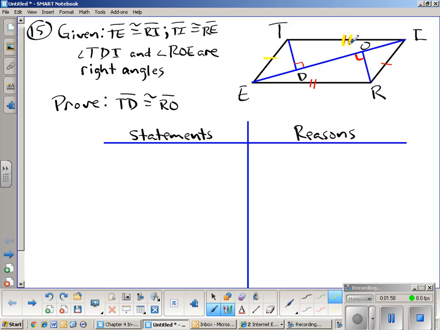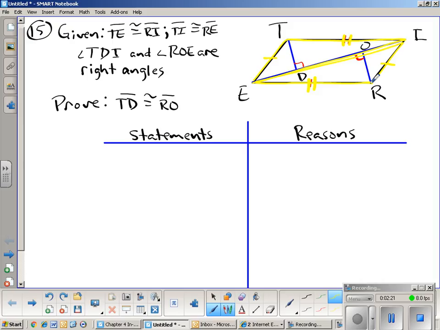TIE. Yeah, triangle TIE. This one. Right? And these 2 facts are in what triangle? REI. Okay? So those are 2 of our triangles, right?